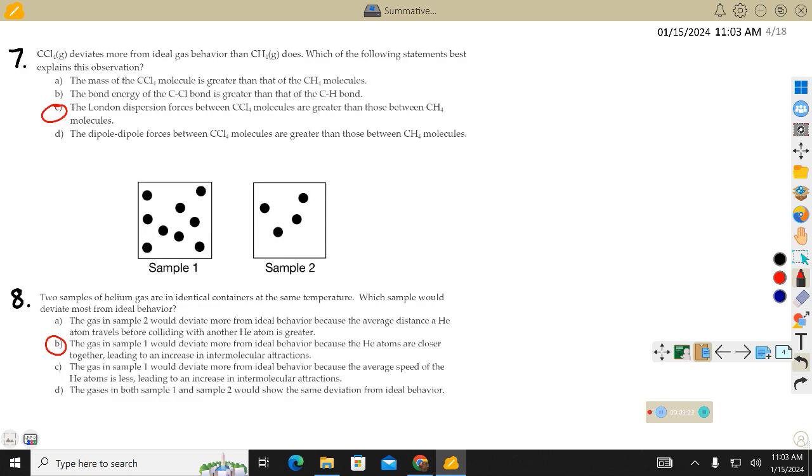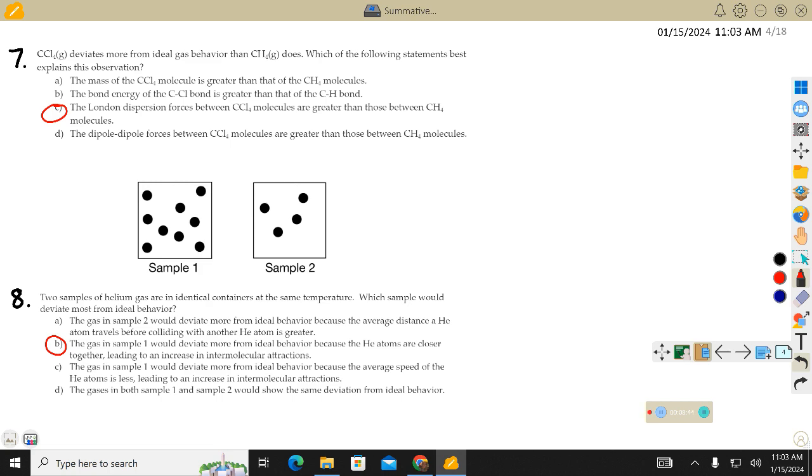Seven and 8 are looking at exceptions to the ideal gas law. Ideally, gases aren't supposed to have significant intermolecular forces. They're far apart, they're always moving, but carbon tetrachloride deviates more from ideal gas behavior than CH4.